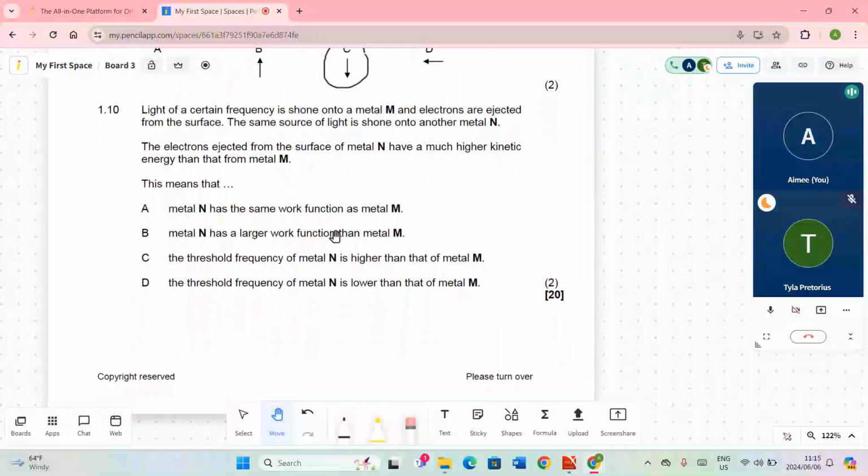Light of a certain frequency is shone onto a metal M and electrons are ejected from the surface.